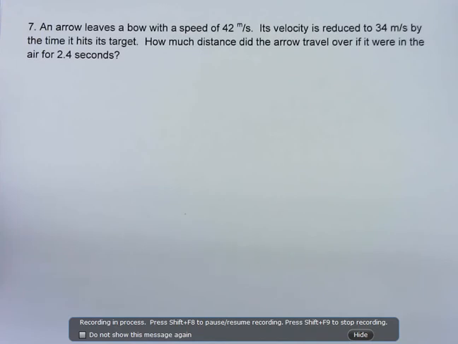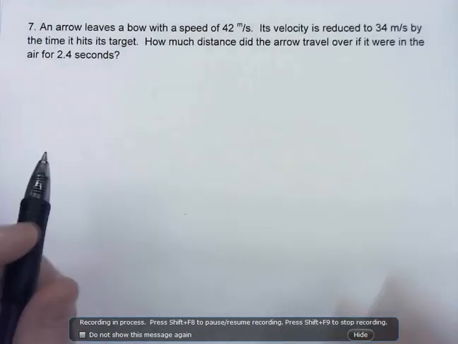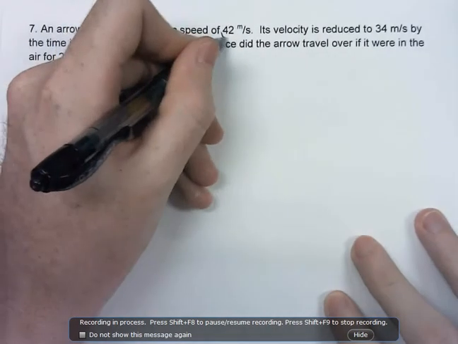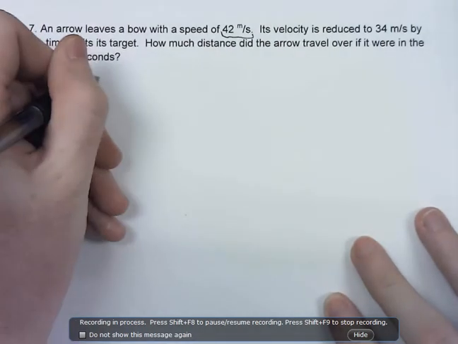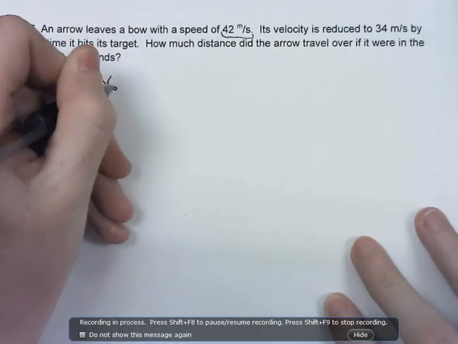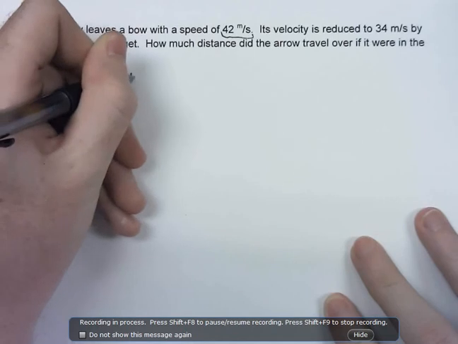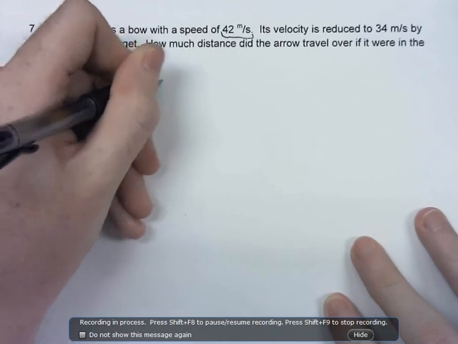So what we have to do is ask ourselves, what information is given in the problem, and we need to assign those variables. The arrow leaves the bow with a speed of 42 meters per second, so that would be our initial velocity, and remember that is v sub o. So v sub o is equal to 42 meters per second.